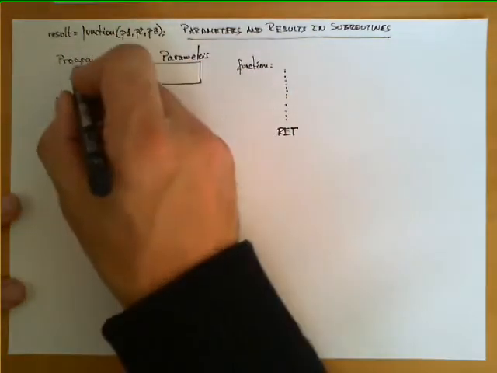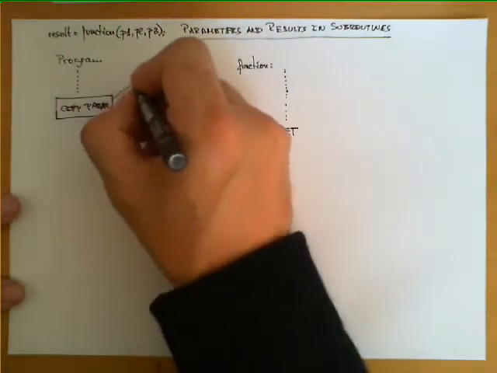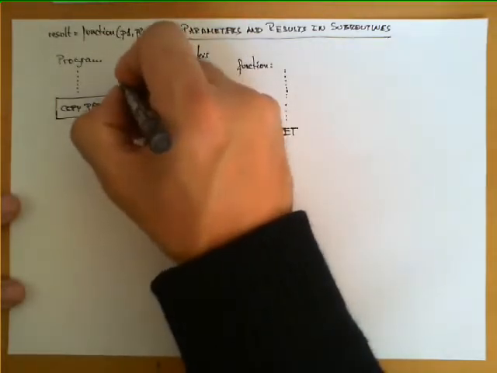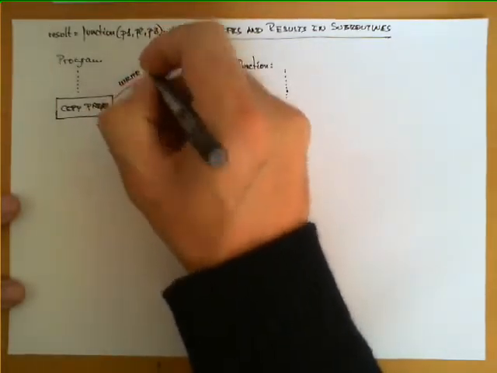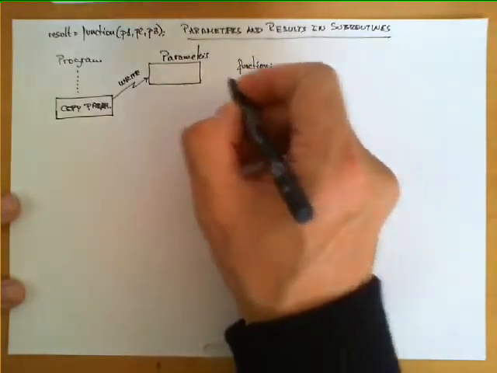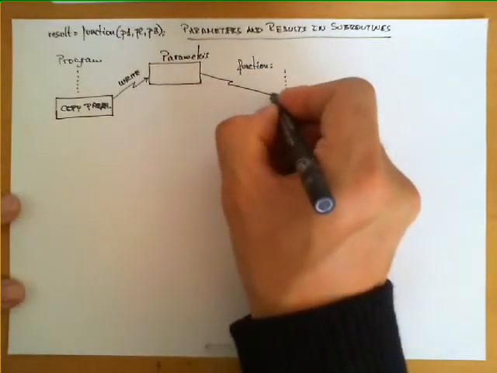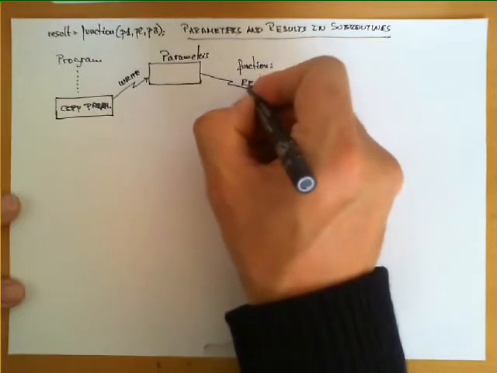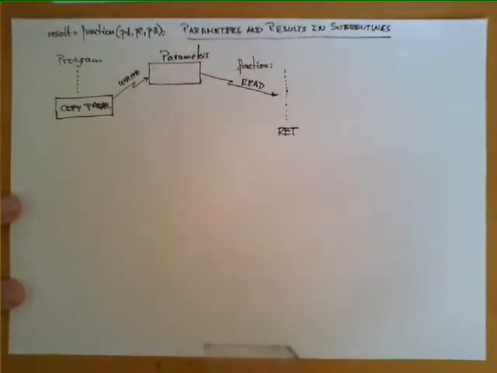Now, as I was saying, the program is going to copy the value of the parameters here with several write operations into an area, and this area is going to be also accessible to the function, such that the function then can read these parameters.